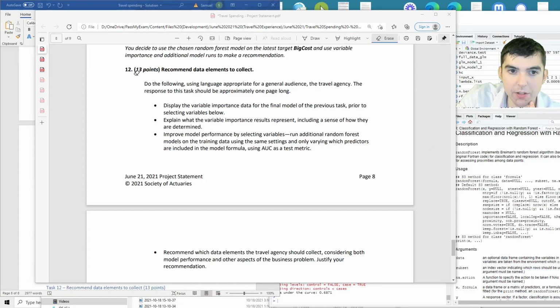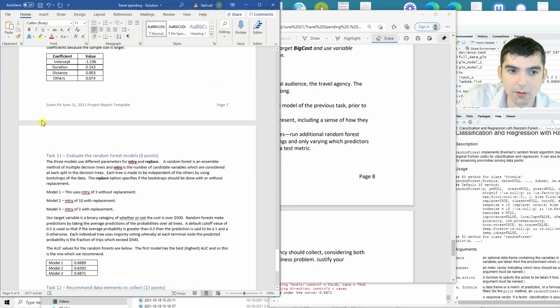Task 12, 13 points. Recommend data elements to collect. Do the following using language appropriate for a general audience, the travel agency. The response to this task should be approximately 1 page long. So what does that look like?